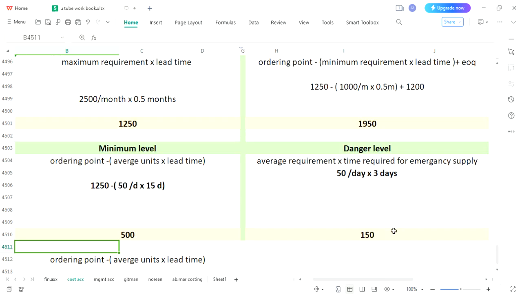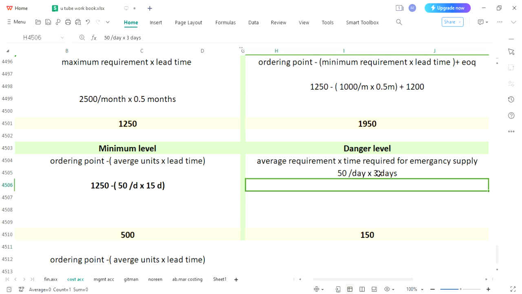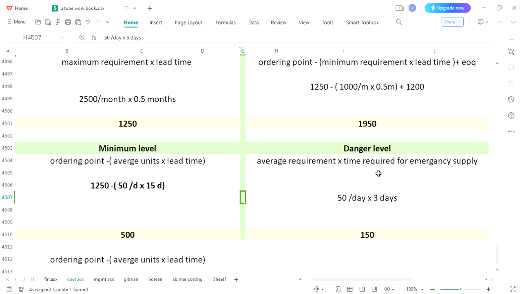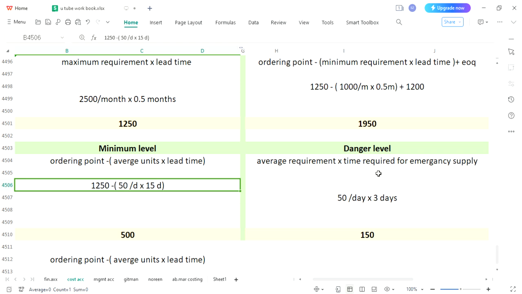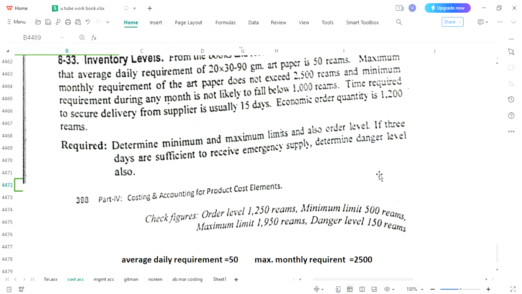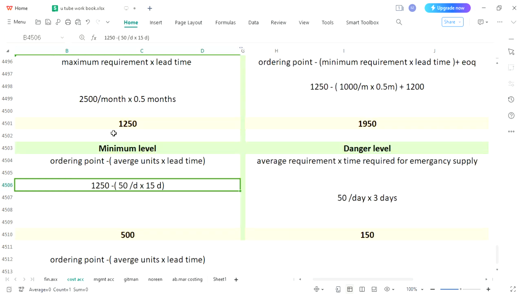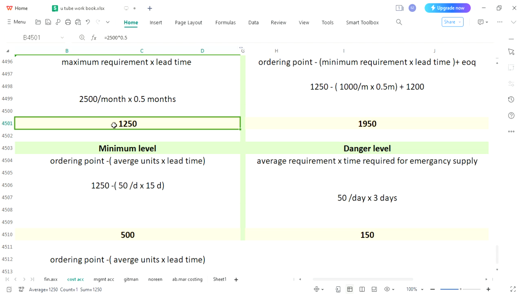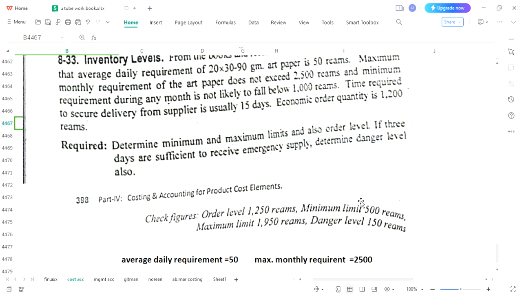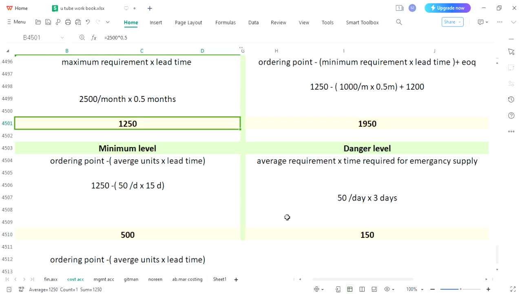So in this way all four answers we have calculated, and now just a formal review. I think it is unnecessary to review because these are very simple questions, but still we will see how many answers we had. Ordering level 1250, and here you have calculated your ordering level 1250. Then we had minimum 500 reams, and minimum 500 reams we have calculated.